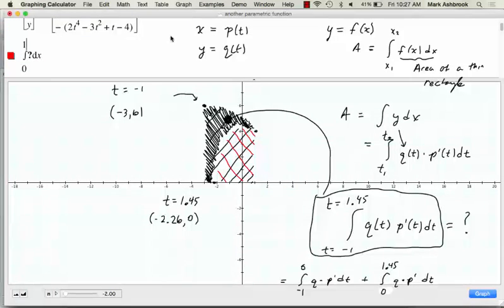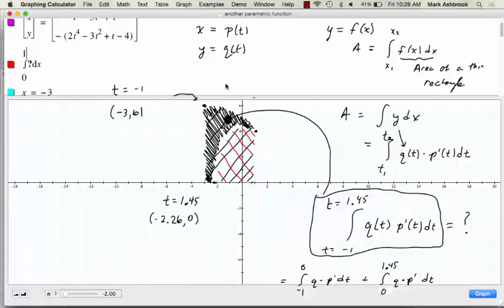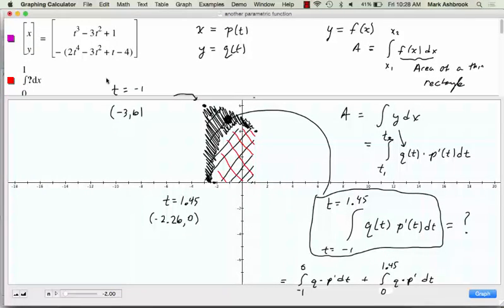So let's do that. Let the technology do it for us here. So what, -1 to 1.45.